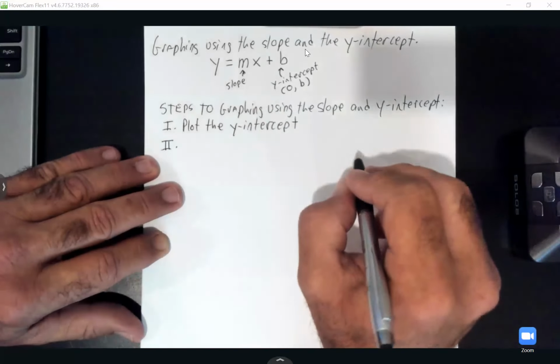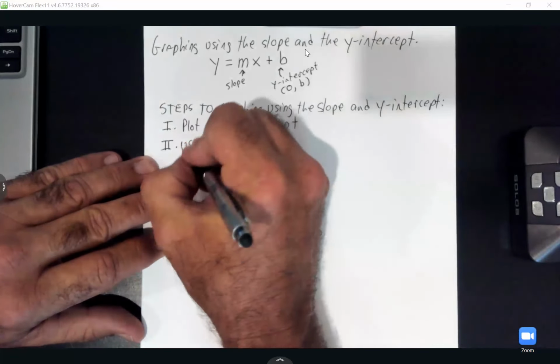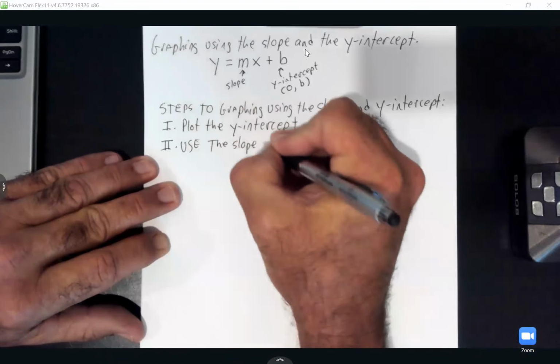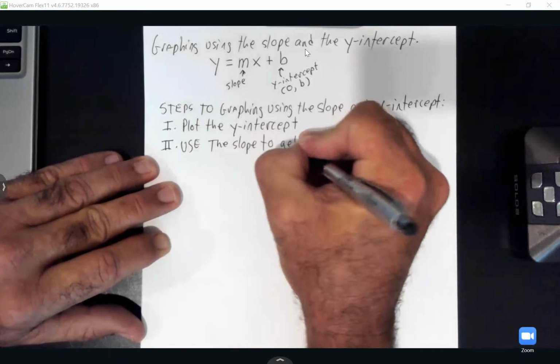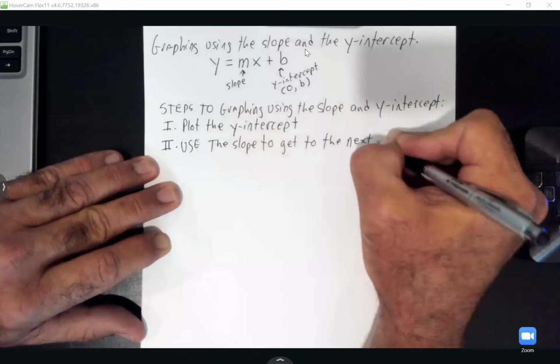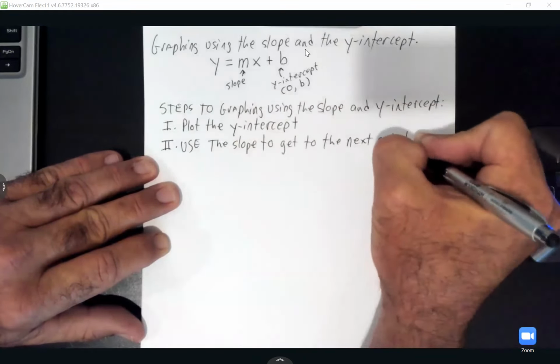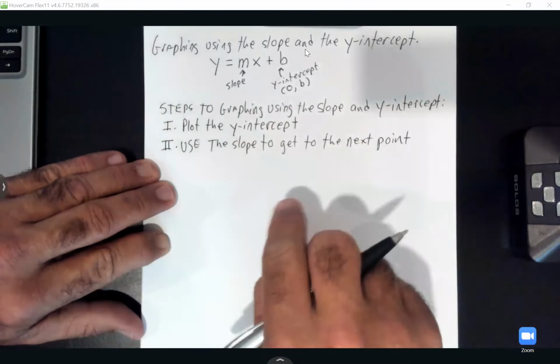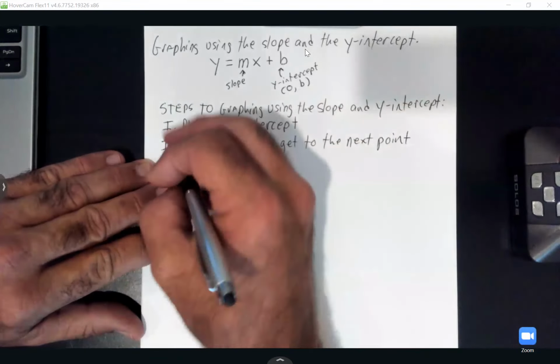Now, once I got that point drawn, I'm going to use the slope to get to the next point. So here's the thing.